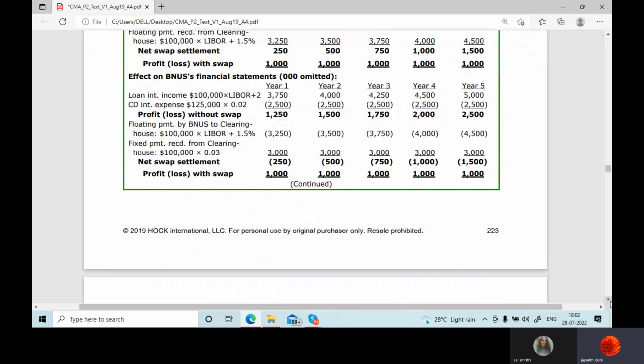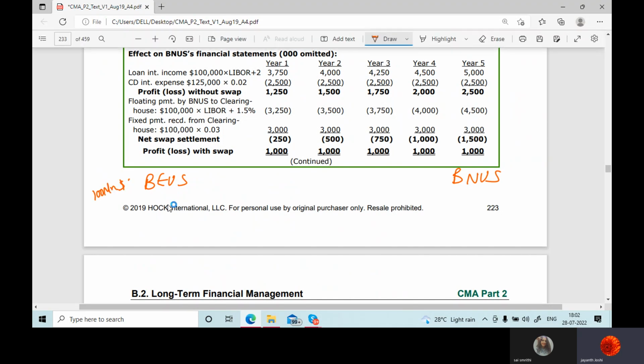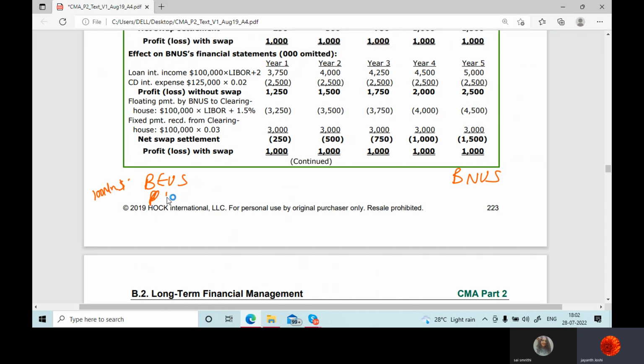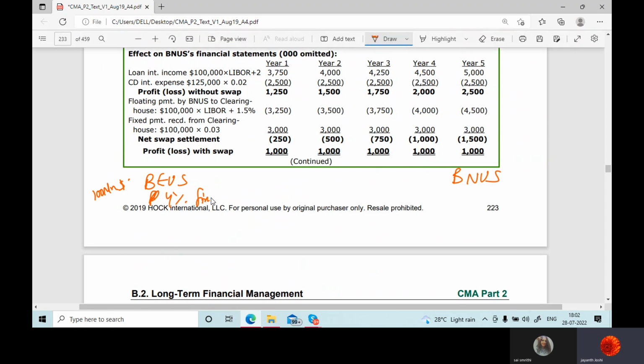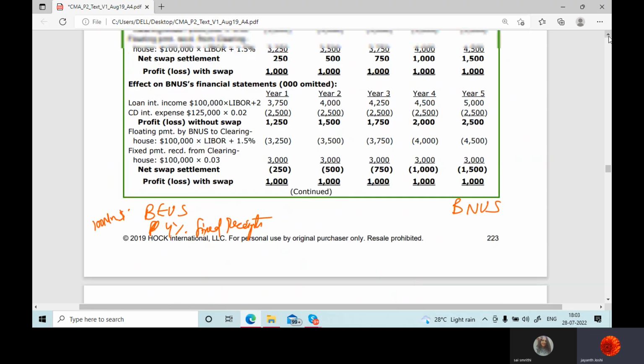So they will be receiving fixed, and the other bank will be BNUS. BEUS, $100 million loan they have given, and they will get 4% fixed receipts from people. That means they are charging fixed interest to people to whom they have given loans.